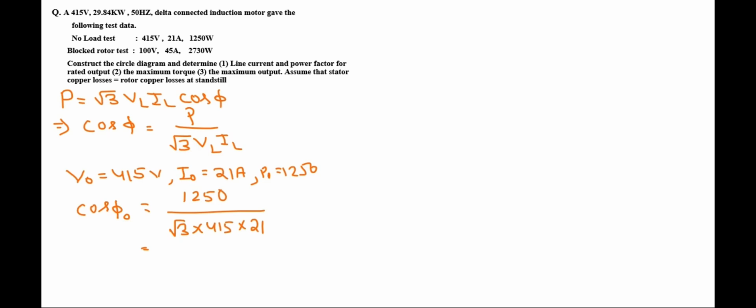After calculations you will get the value, power factor equal to 0.0918. Hence we can calculate the angle: phi naught is equal to cos inverse of 0.0918. That comes out to be 84 degree.